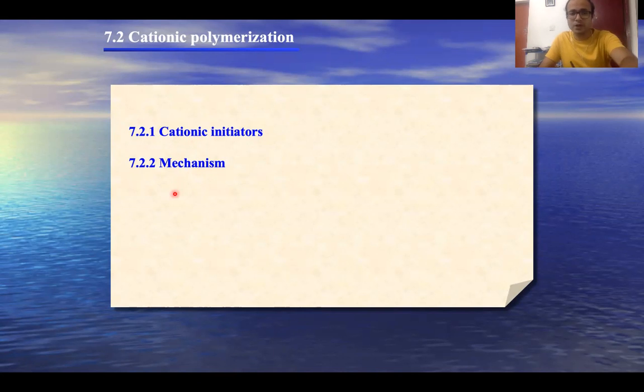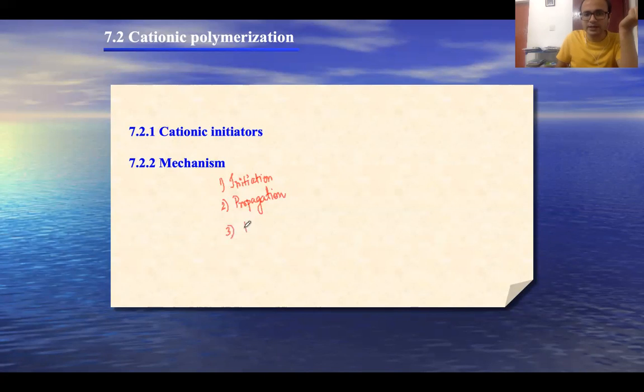Now, when we discussed the free radical polymerization, we talked about steps like initiation, and then we had something called the propagation step, and third we have the termination step.